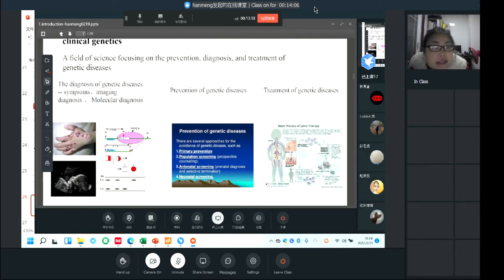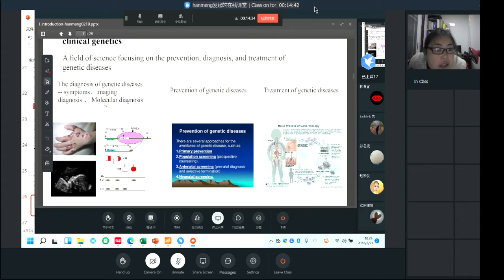Clinical genetics contains the diagnosis, the prevention, and the treatment of genetic disease. The diagnosis of genetic disease includes symptom diagnosis. You can see the symptoms of the patient, and then you will have some idea what disease the patient has.